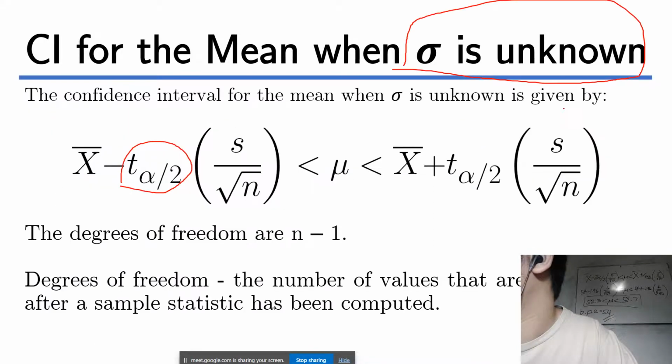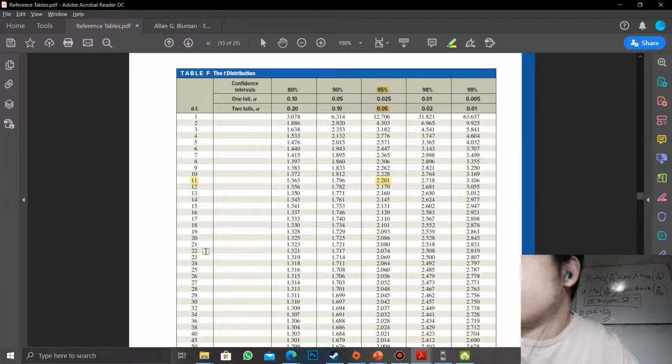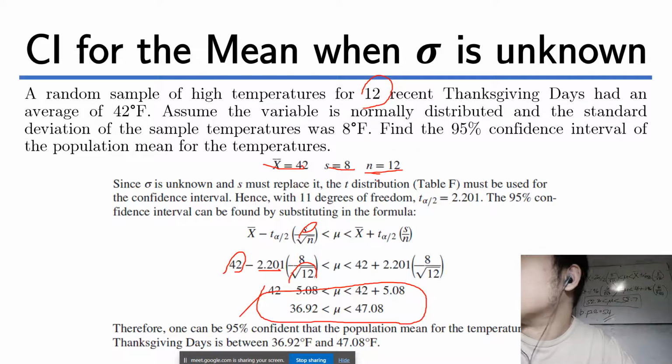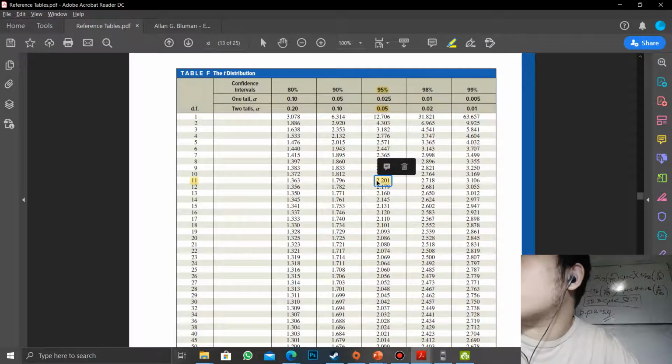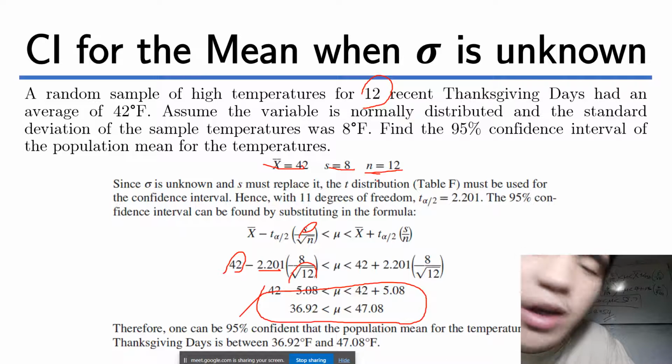Kasi, ayan, kailangan nun pag hinahanap yung T-score sa table. Okay? Oh, let's look. 95% confidence interval, 11 degrees of freedom, 2.201. Ayan, 2.201 from here. Then, substitute dito. You'll get everything. Okay? Nakuha na ngayon.